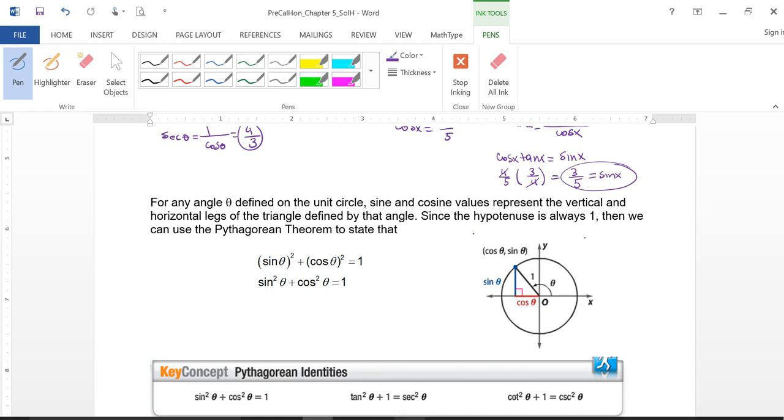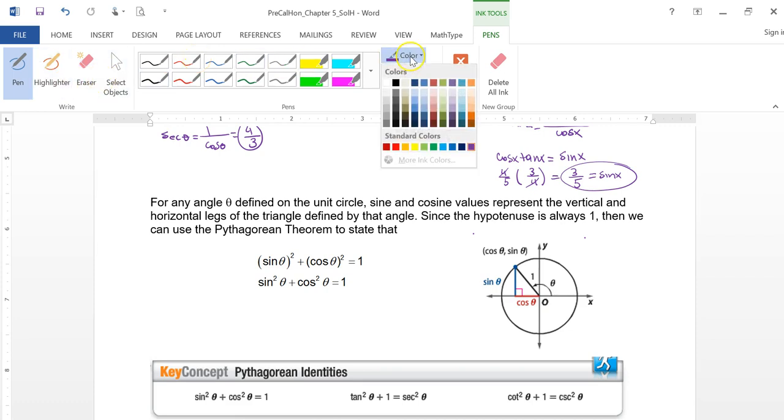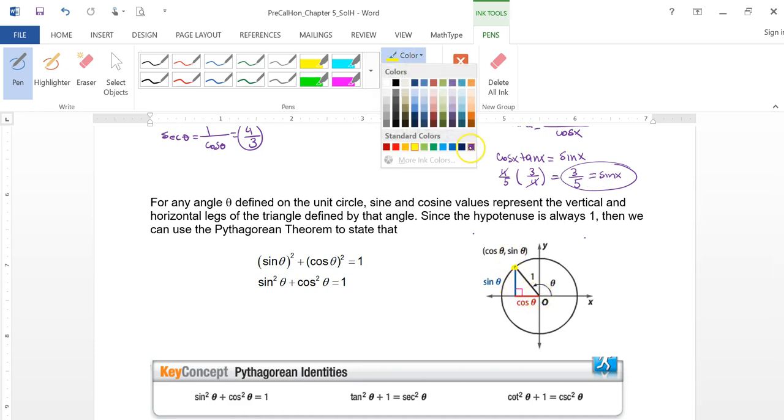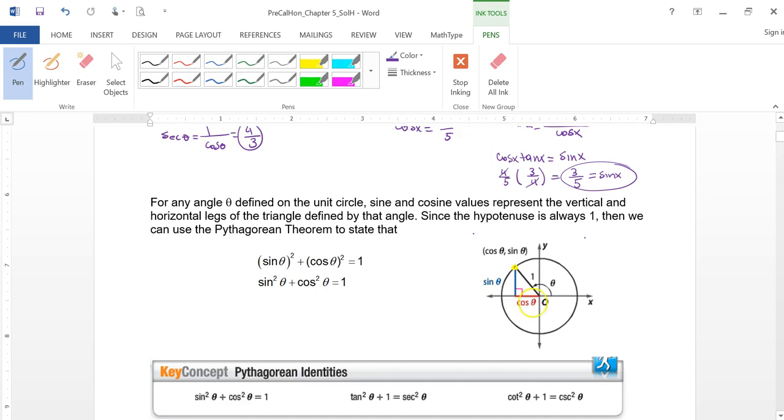Okay. Here is a recall from last chapter. Here we have an angle theta, okay? This is where you have your terminal side and you draw your triangle. And remember what we said is you have a horizontal and a vertical leg when the hypotenuse is 1. And we said the horizontal is cosine, the vertical is sine.